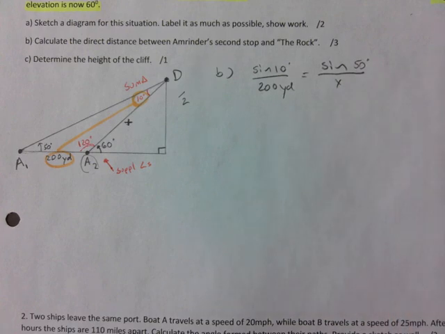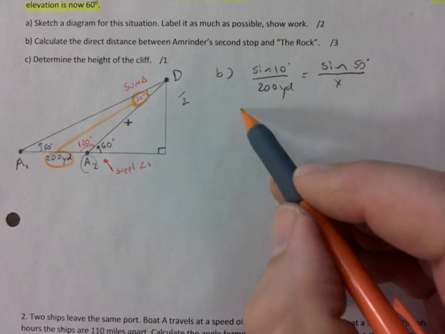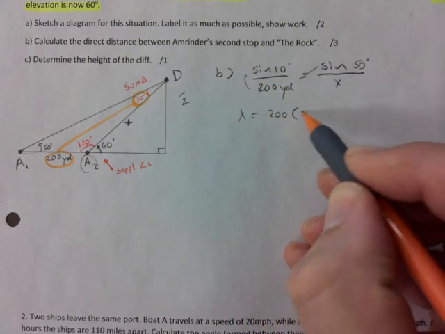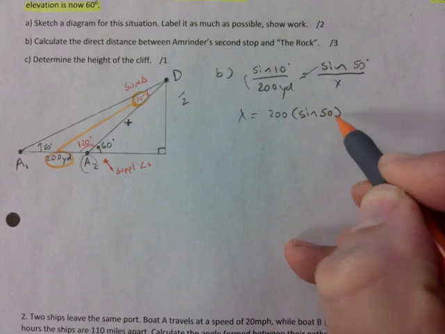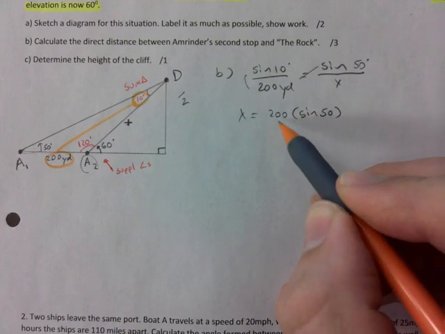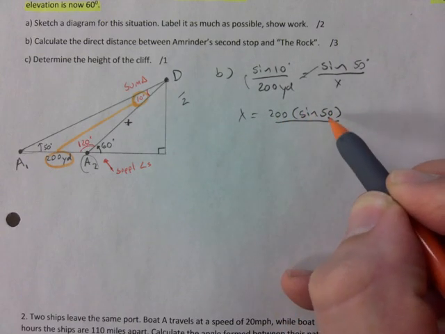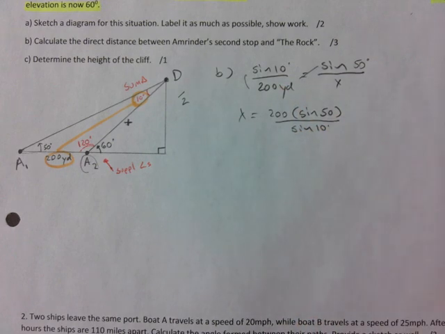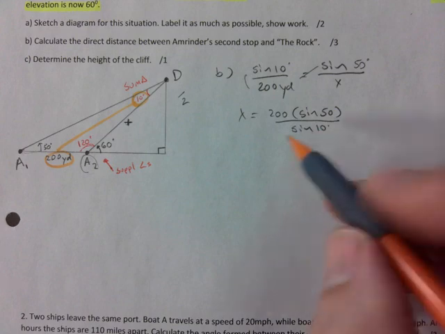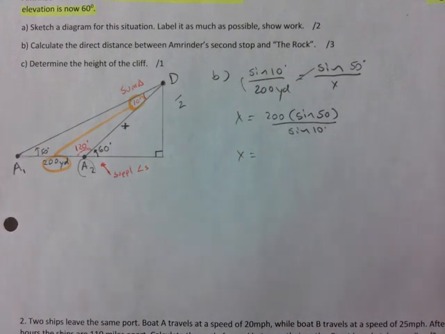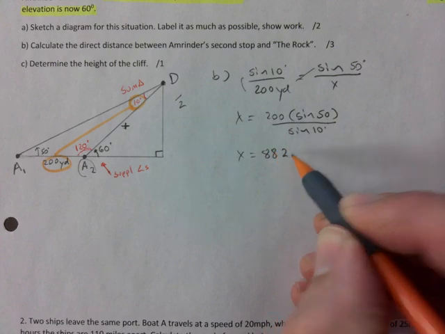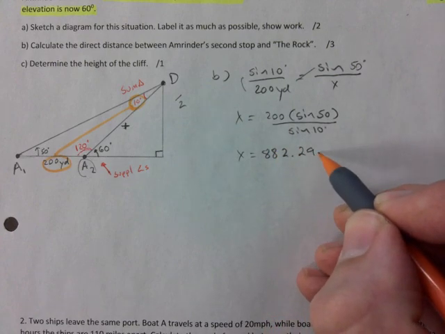So x is found by cross multiplying and dividing: 200 times sine of 50, over sine of 10. I do this on purpose, putting the 200 in front of sine so that there are no issues whatsoever. When you multiply that and divide, I get 882.29 yards.